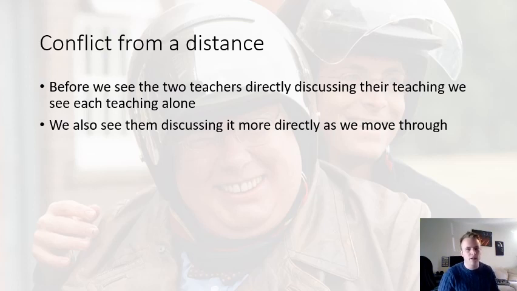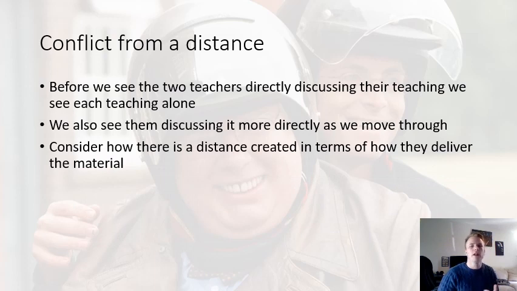We have that sit-down conversation between Hector and Erwin, who says, "I'd like them to use more of your things." So you need to consider across the play how there is a distance created in terms of how they deliver the material. I'm going to suggest some page references, but there are lots of places you could look for this.